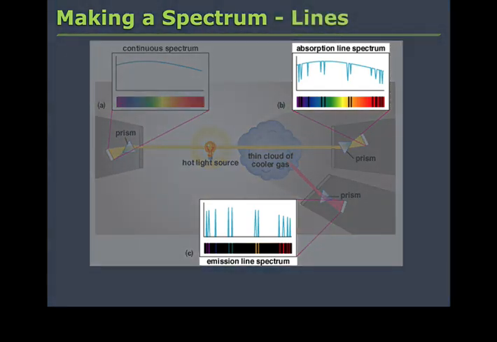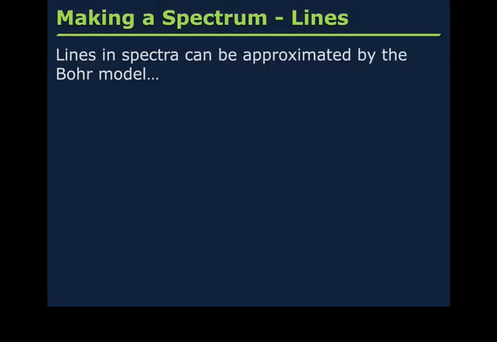We're dealing with these kinds of observations. We're dealing with what a hot light source does to clouds of gas, like the atmospheres of stars, and how that manifests as a spectrum. So the last thing in this lecture is going to be looking at how to make a spectrum and what those lines in a spectrum tell us about what we're seeing.